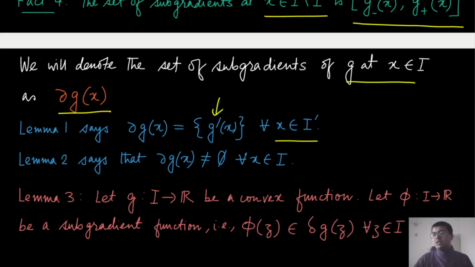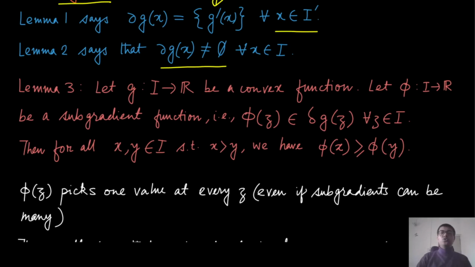Otherwise it will be an interval, but all that we know from lemma 2 is that this will always be non-empty for any x. So the subgradient will always exist at every point in the domain of that function g. There are two more crucial lemmas which will be quite useful when we go to the next part to discuss more about the single object allocation problem.